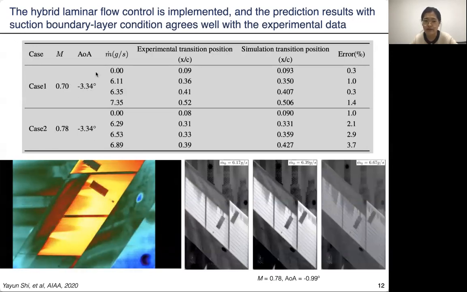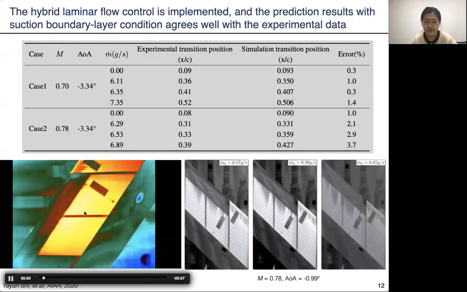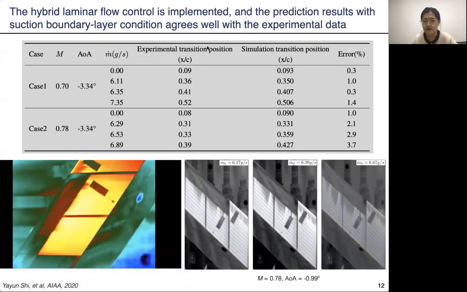For each case, we carried out several mass flow rates, and as the mass flow rate increases, we can see that the transition location moves downstream. And we also compare the experimental transition location with the simulated transition location, and the simulated results match the experimental data very well.